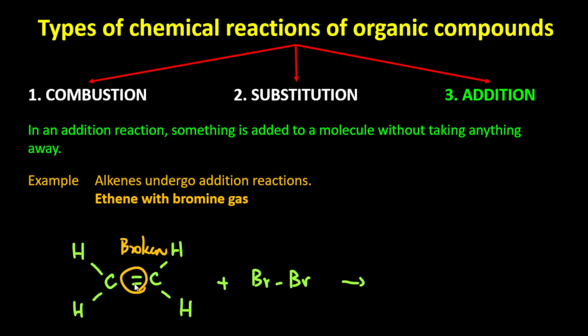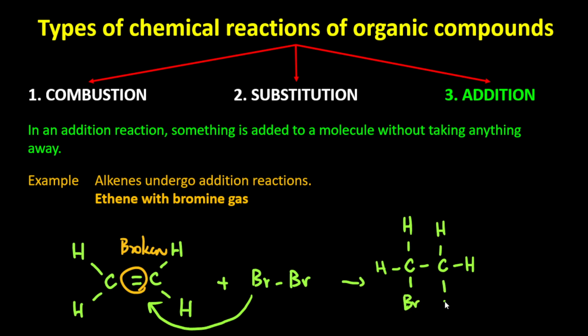So instead of ethene, this will become C, single bond C. You will still have your H as H, H, H, H, but your Br will come in to have Br and Br. So nothing is taken away, only something is added to this molecule without taking anything away. So that is called an addition reaction.